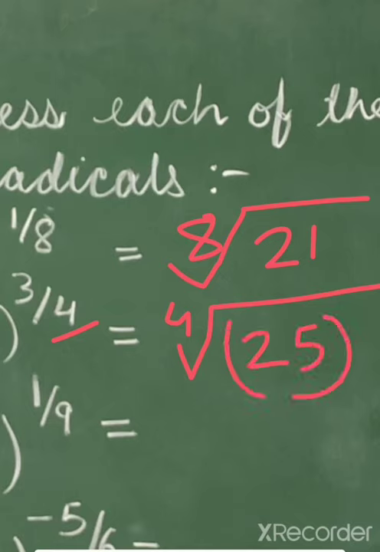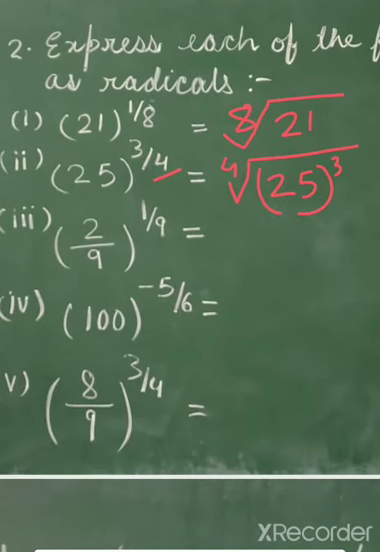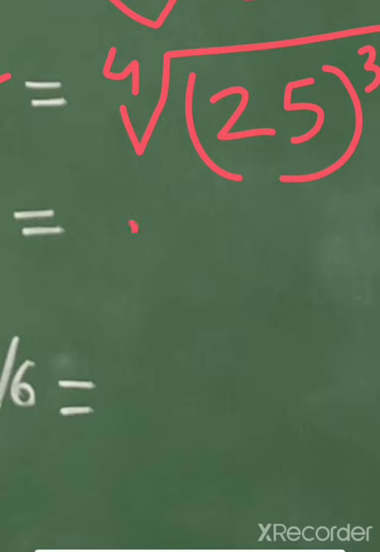This numerator is the power 3, that is 25 cube. Now the third question is 2 by 9 raised to 1 by 9. So we write 9th root of 2 by 9.